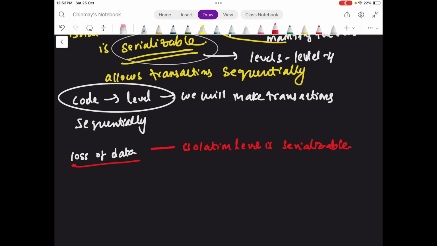It will solve all the isolation problems. Okay, let's see the loss of data. In which case will the loss of data happen?